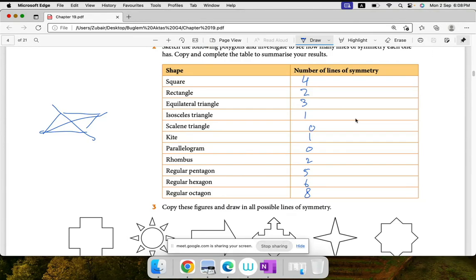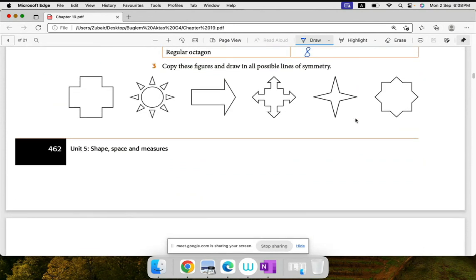Copy these figures and draw all the possible lines of symmetry. So I think choose any two. We'll do them now. 1, 2, 3, 4, 5, 6. Image number 4 and 6. So I have to draw all the lines of symmetry. When I'm looking at the fourth image, I can draw four lines: two through those arrows and two in the diagonal.